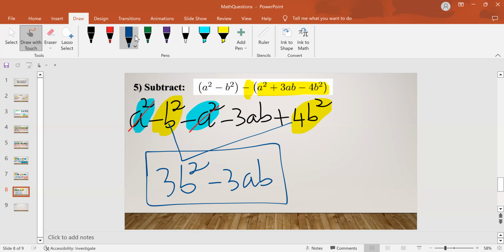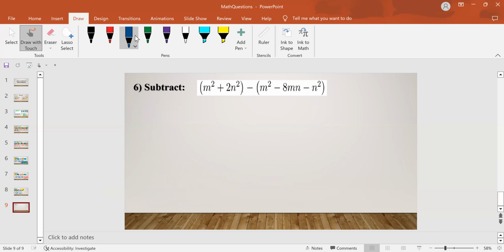Now, the last problem of this video. So subtract. Again, we have two different variables. So the first thing to do is to remove the parentheses. So we have m squared plus 2n squared minus m squared.